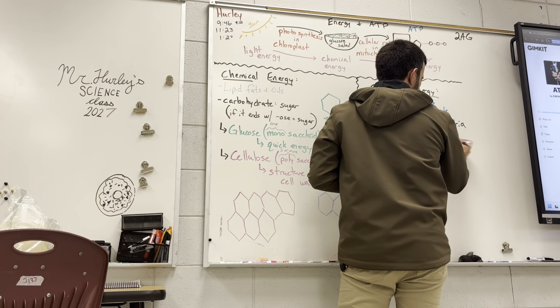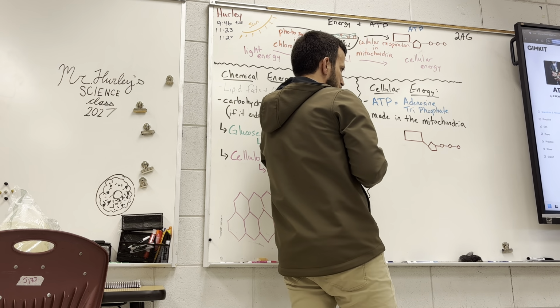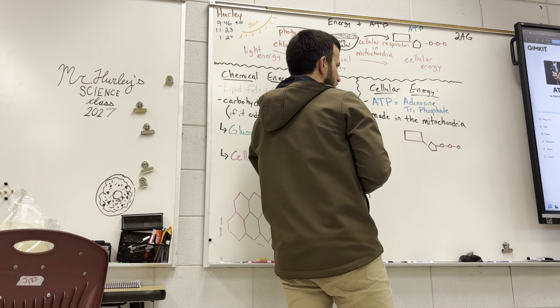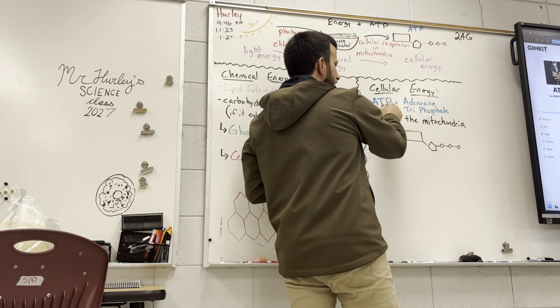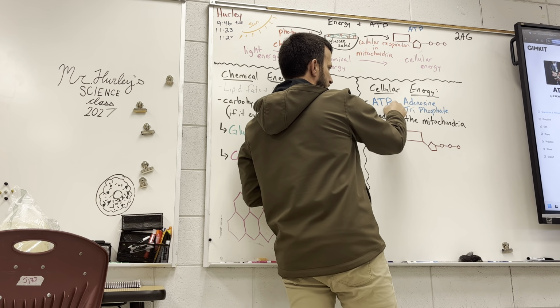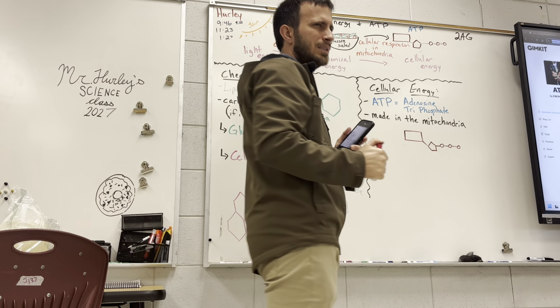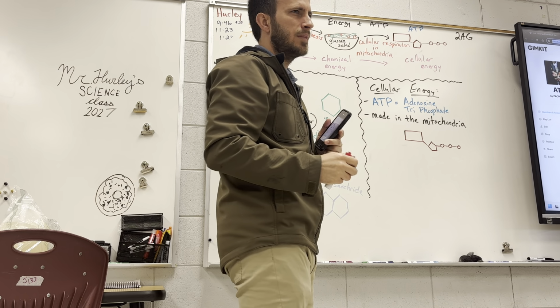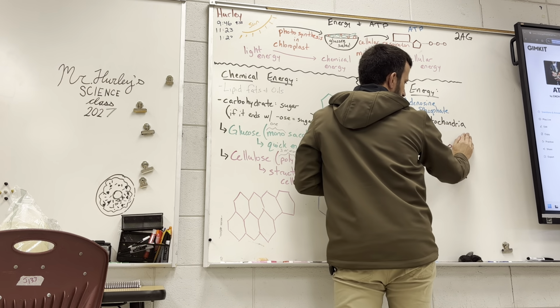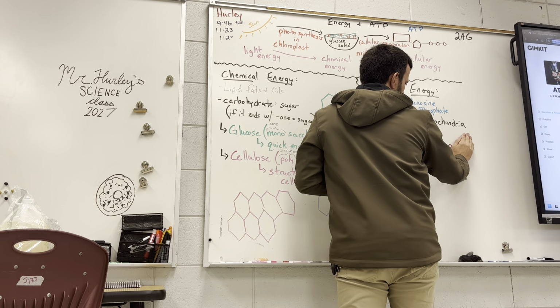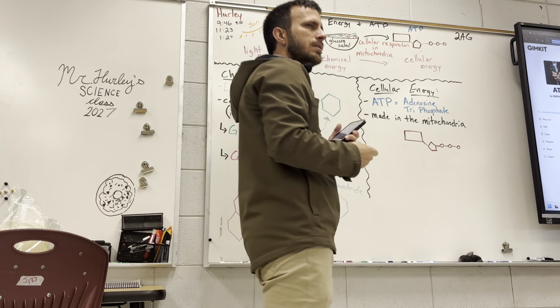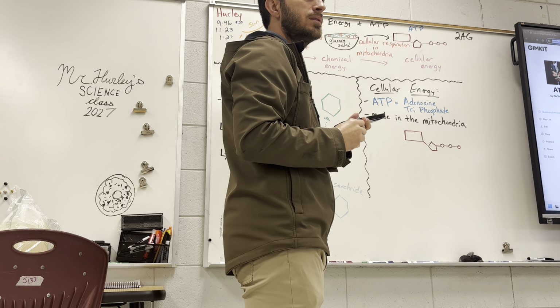That is the triphosphate. And we're about to turn this into ADP. Guess what the D stands for? If we were to get rid of one of these, I don't know what D stands for, like the prefix for two is?